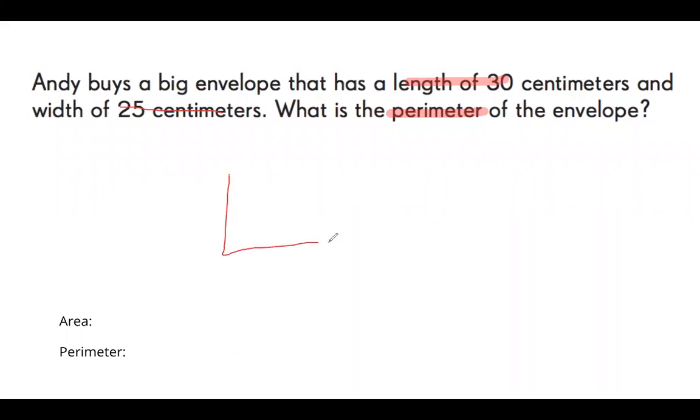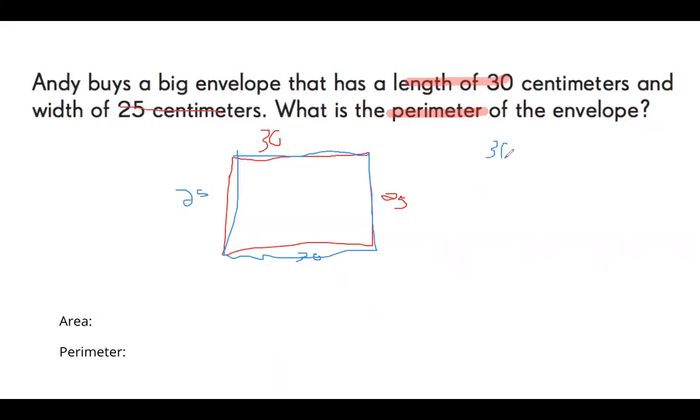All right, I'm hoping that you drew a rectangle because it says that the length is 30 and the width is 25. And then it says, what's the perimeter first? And then I also want you to find the area. So again, if I'm doing perimeter, I'm finding out how long it is on the outside. So I'm going to do 30 plus 25 plus 30 plus 25, because I know that if this side's 30, this side's 30, if that side's 25, that side's 25.